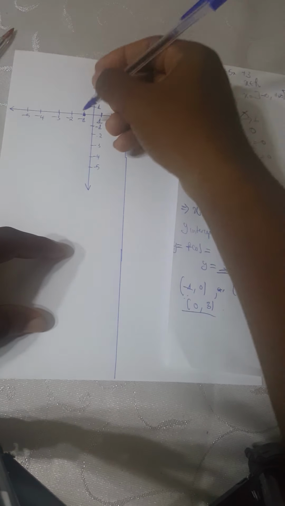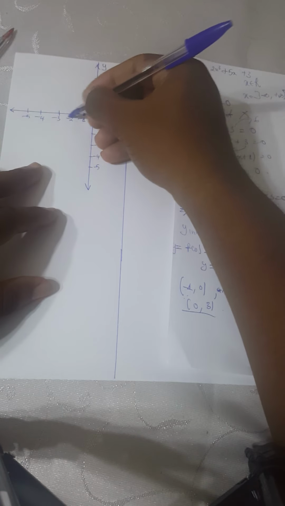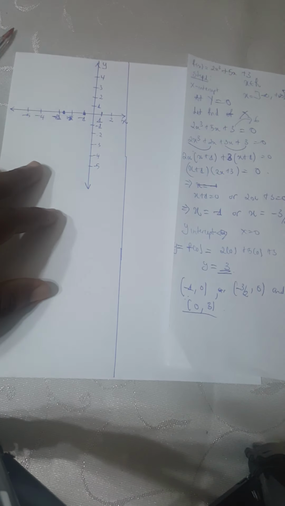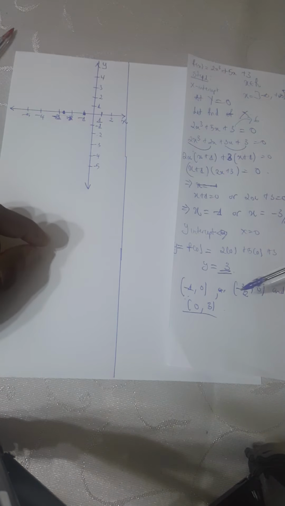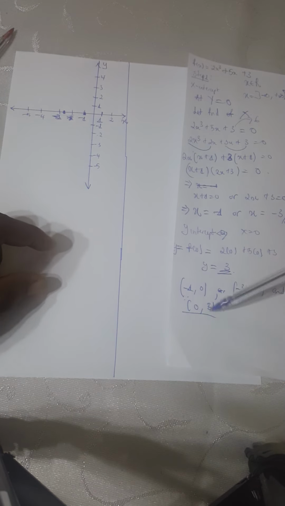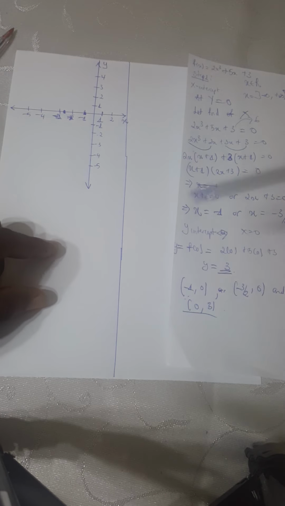So we have -1.5, another point on the curve. So let's decide to expand this zone and put -2 here, so our -1.5 can be on this side. Now the next point we can have will be 0 all over 3. It will be 0 on the x zone and 3 on the y.